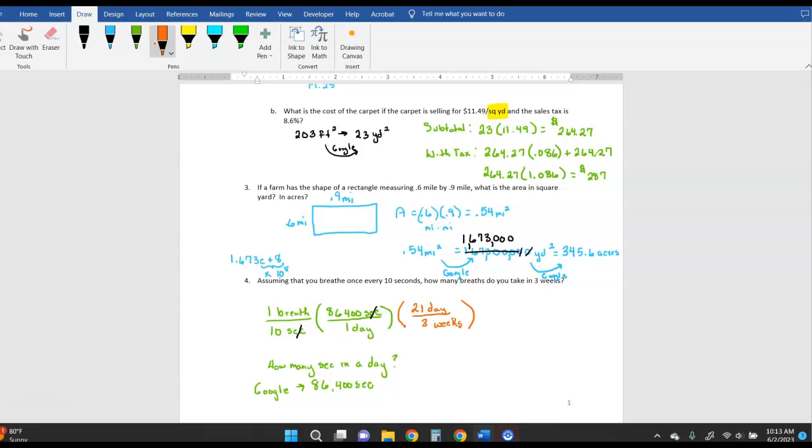So if we type this into our calculator, we have 1 times 86,400 times 21 divided by 10 times 1 times 3 should give us how many breaths we end up with in those 3 weeks.